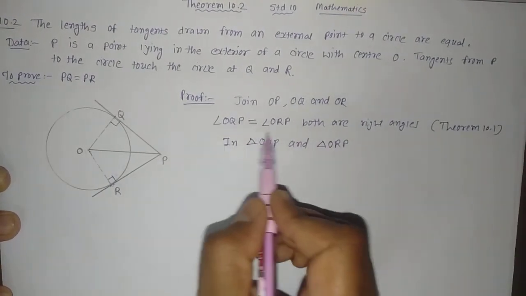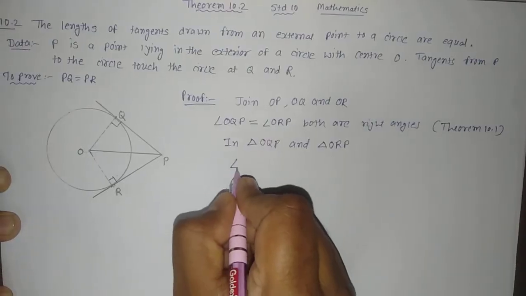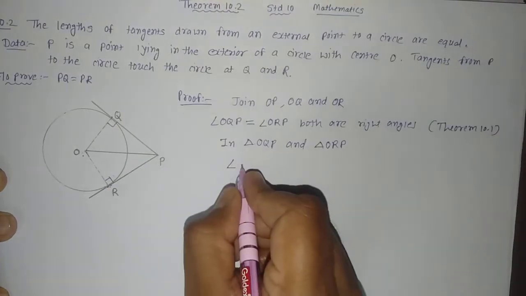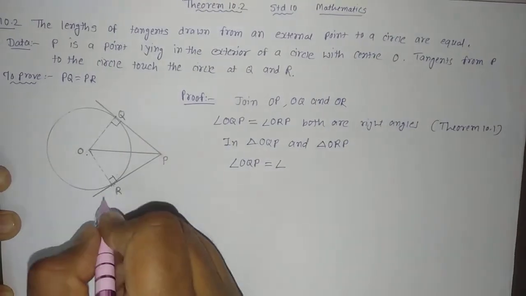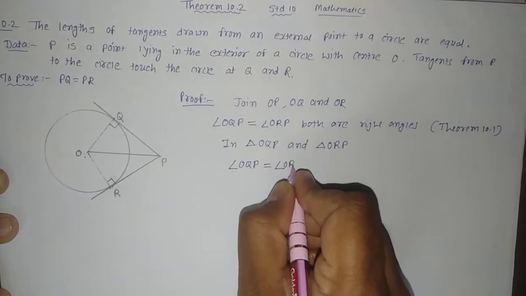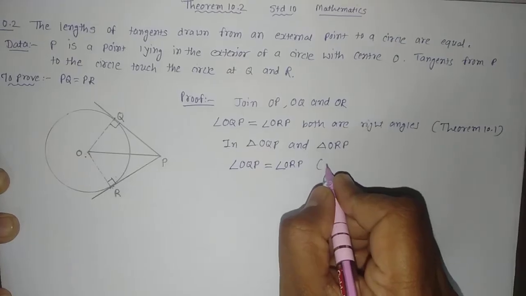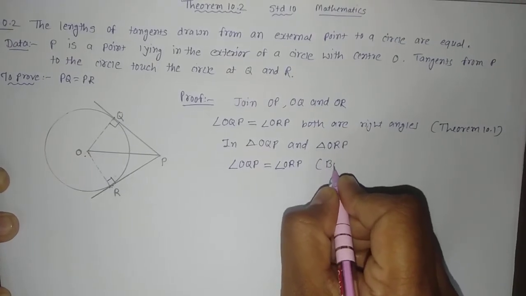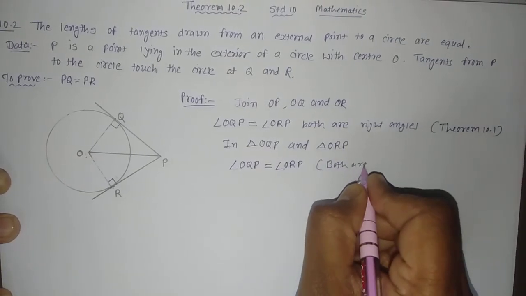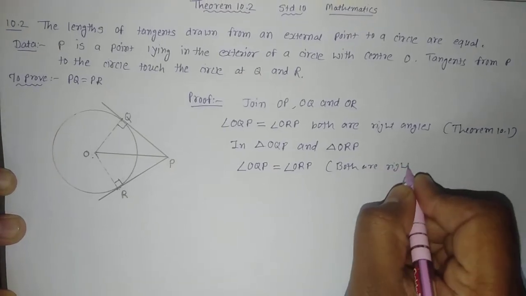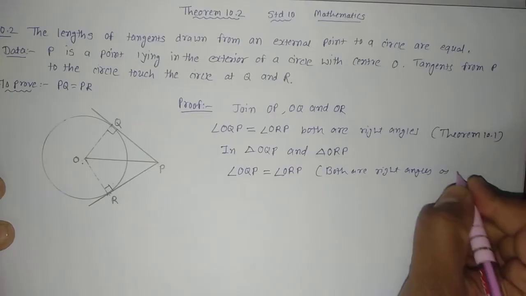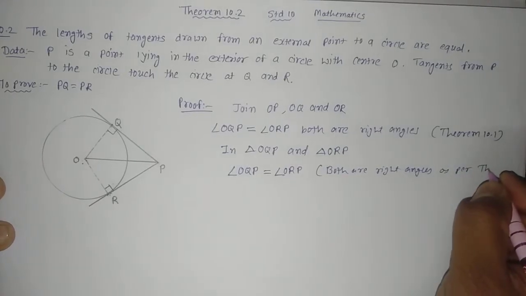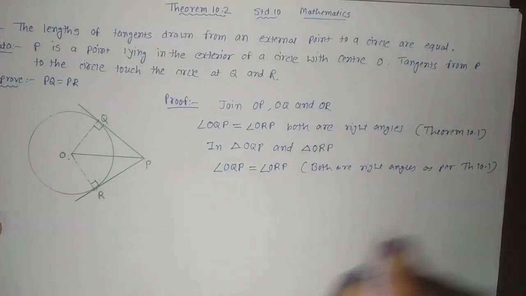We have seen both are equal. So I can write it again: angle OQP is equal to angle ORP. Why? Because both are right angles as per Theorem 10.1. This is done.